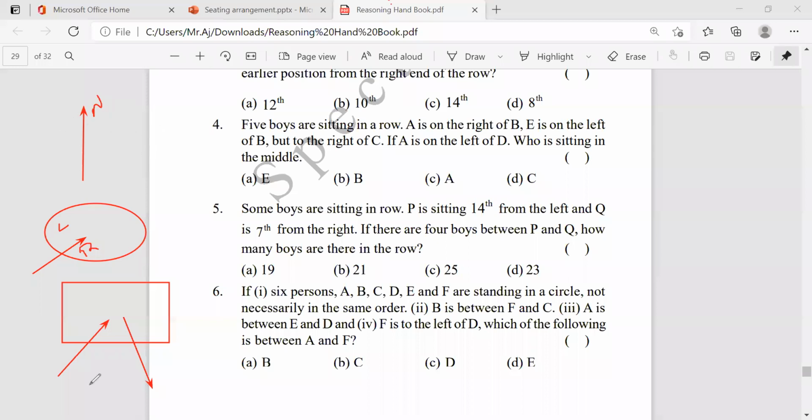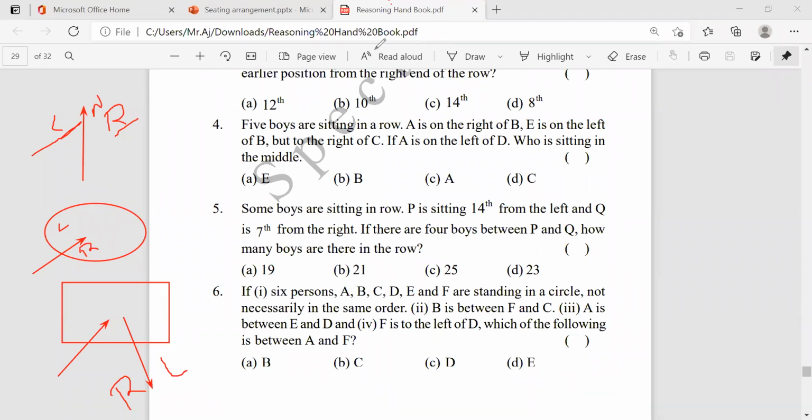But suppose you are facing outside, it is exactly opposite to the north. Here the left becomes right, and here the right becomes left. So these are the important tips to follow here.